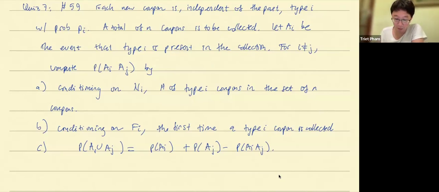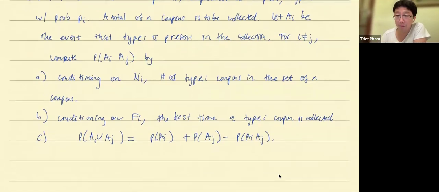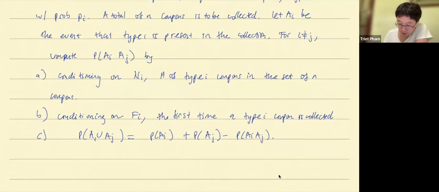But here, the number of types present in the collection will be random. Anyway, how do we calculate this? For example, at least by the implication here, these should be easier to calculate than these, and at least you should appreciate why. But let's start with P(A_i). What's P(A_i)?